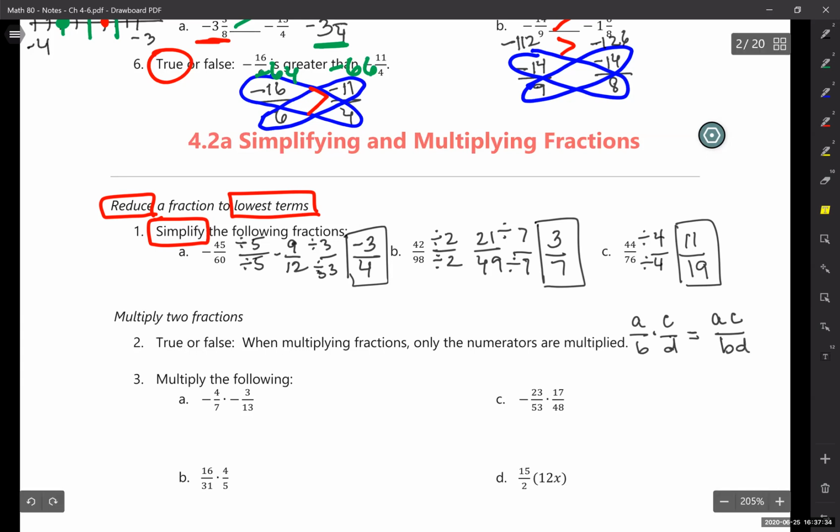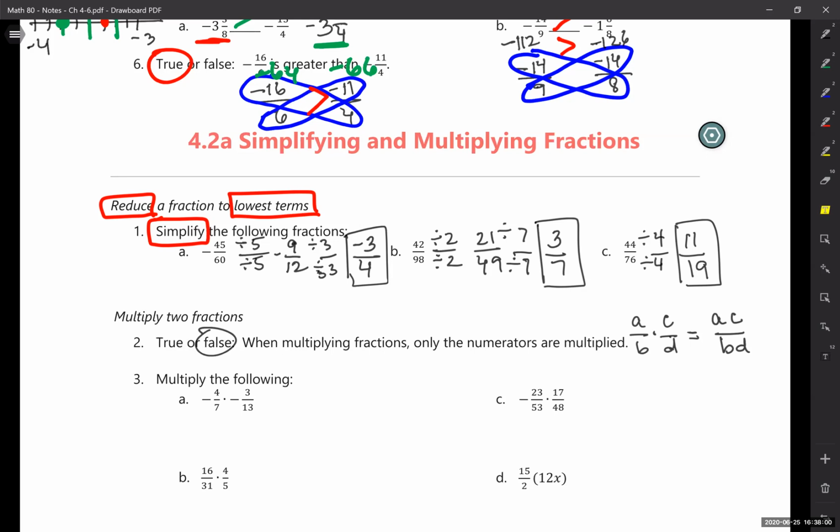Now that's a very generic way of explaining it. We will talk about how you can reduce ahead of time because I always like to make things smaller if I can. But the point is we're always going to multiply across the top and multiply across the bottom. And so for part 2, when it says only the numerators are multiplied, that is false. We multiply the numerators and the denominators across.